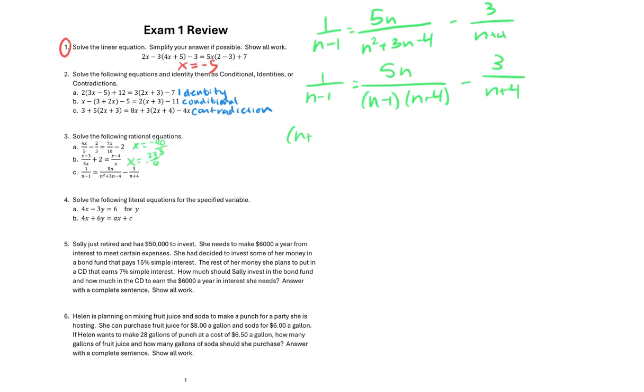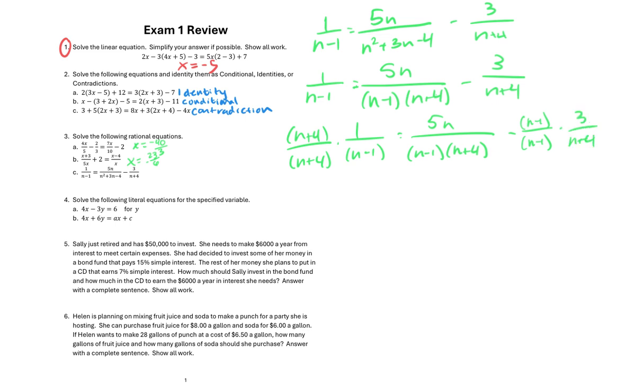So we have n plus 4 over n plus 4 times 1 over n minus 1 is equal to 5n over n minus 1 times n plus 4 minus, we have to multiply this one by n minus 1. So minus n minus 1 over n minus 1 times 3 over n plus 4.